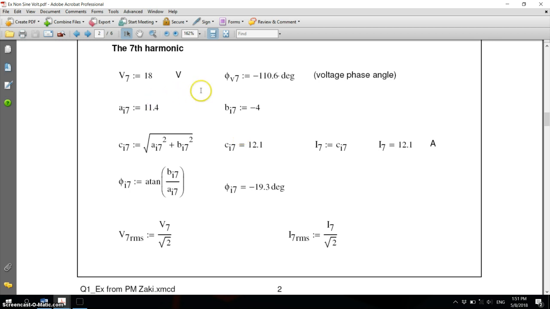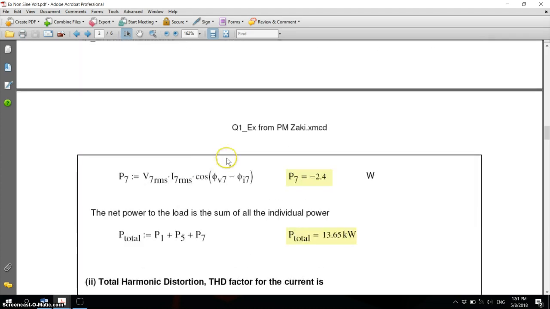Okay, so again, A7 should be minus 4, B7 should be 11.4. So for that, you get I7 equals 12.1, and the angle for 7 is 90.3, so for that you get minus 2.4.